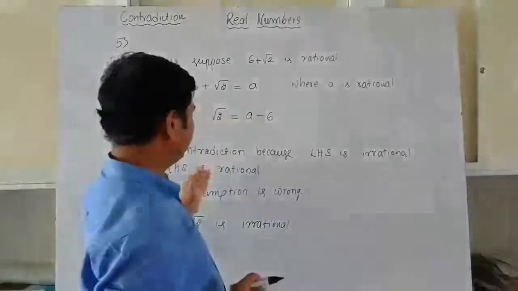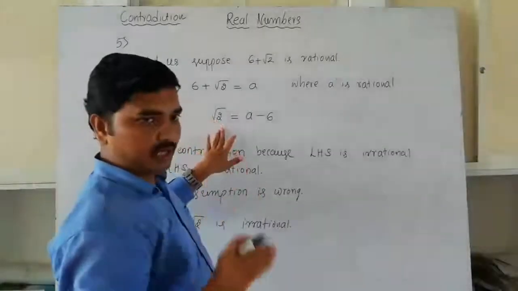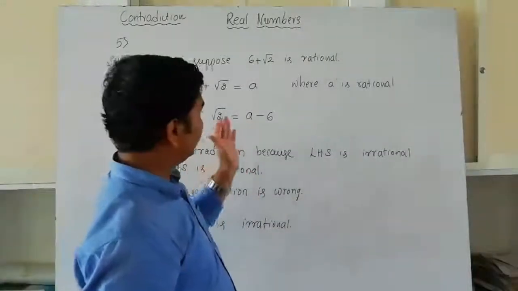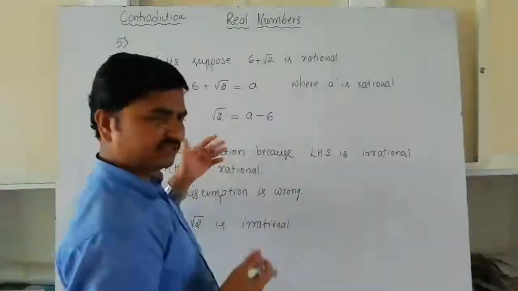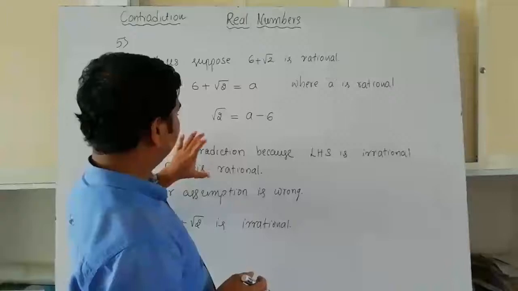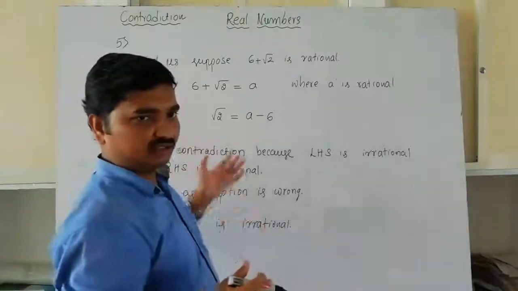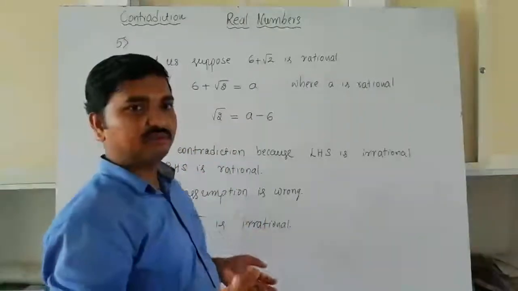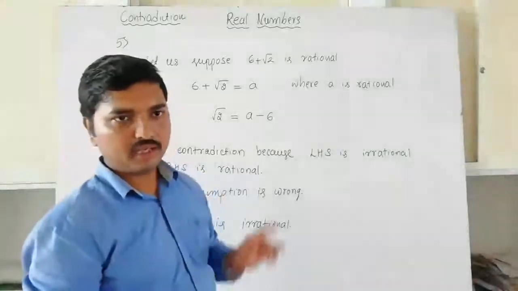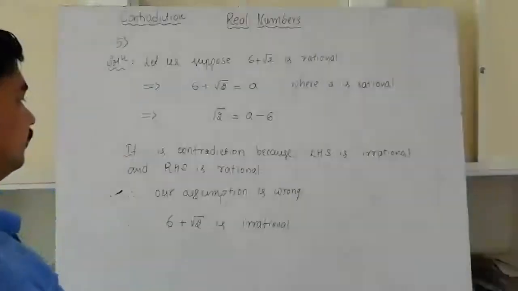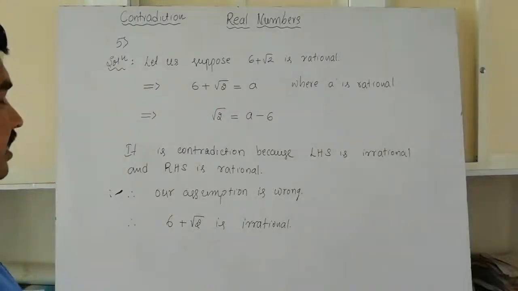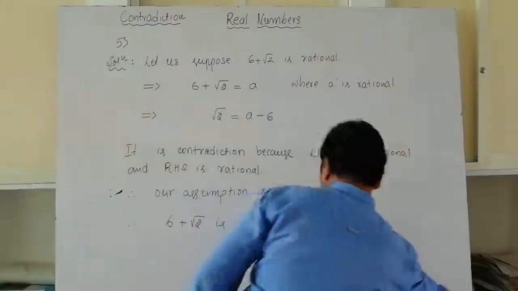After that you will definitely get an irrational number on the left hand side and a rational number on the right side. Then you write the same conclusion. If you learn this, you need to write the same sentence for each and every problem. Is it clear for you? Yes, sir.